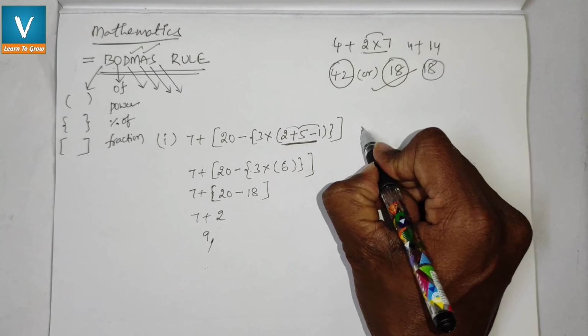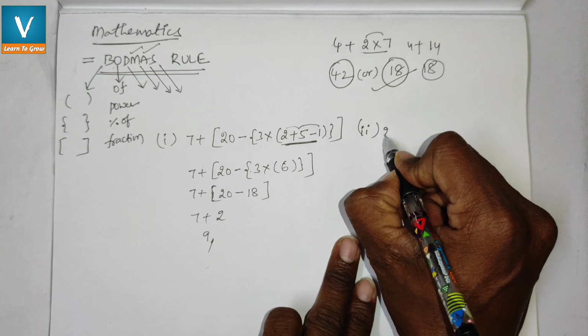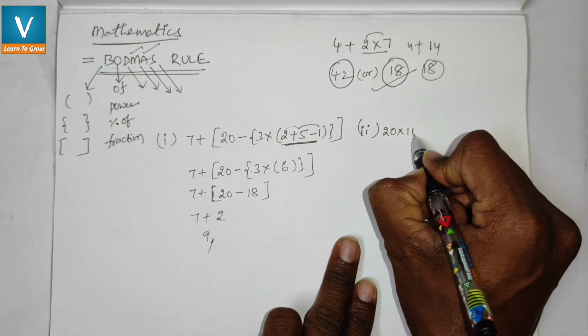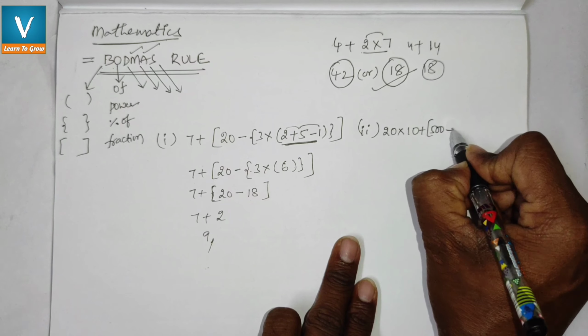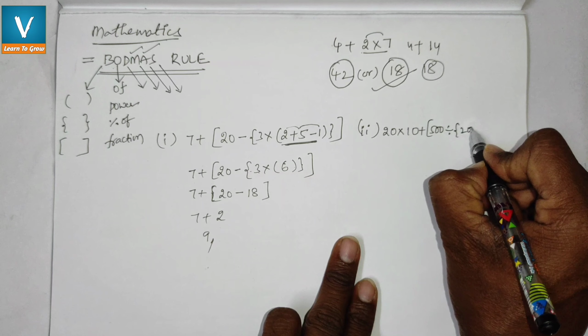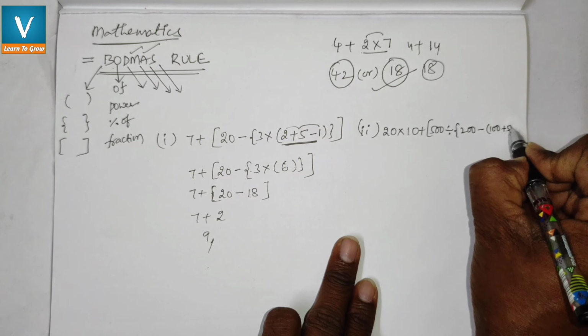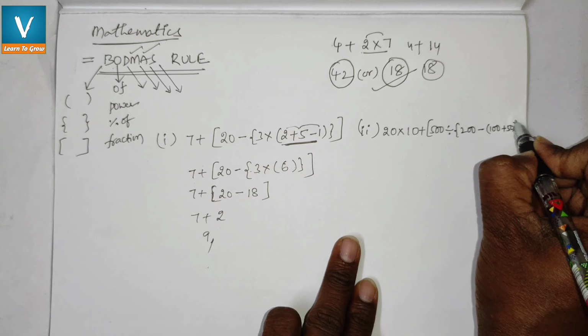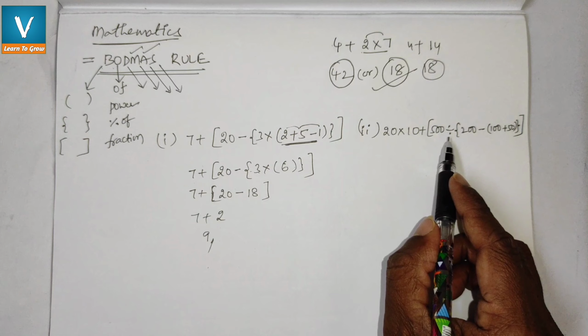Taking another example. I'm writing like this: 20 into 10 plus 500, divided by, in curly brackets, 200 minus, in simple brackets, 100 plus 50. Here which operation are we using? The division operation also.